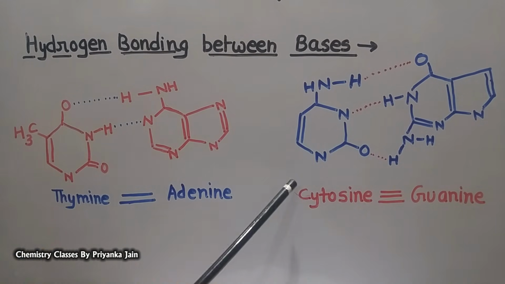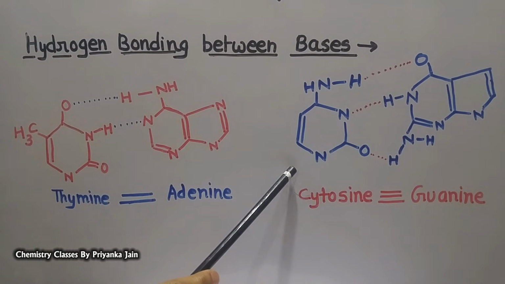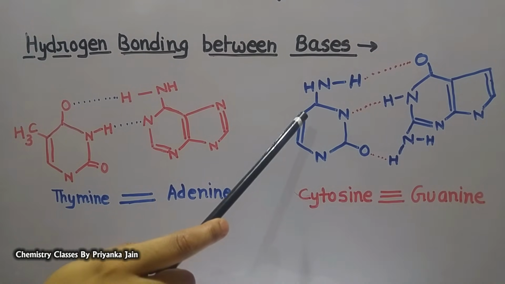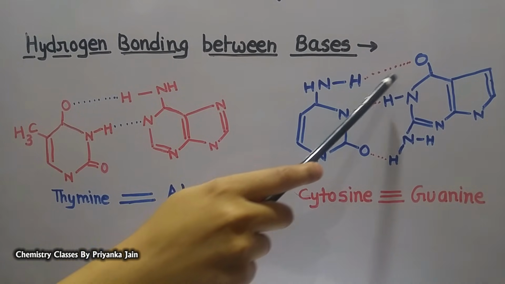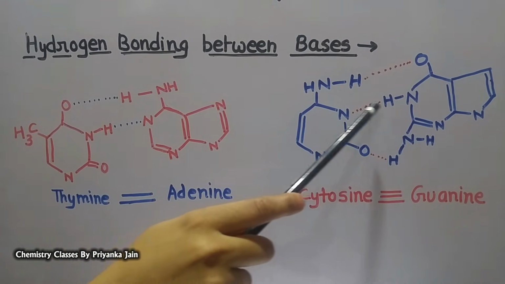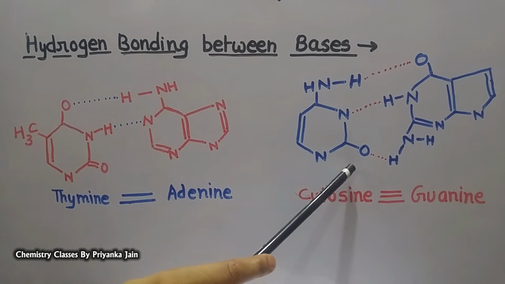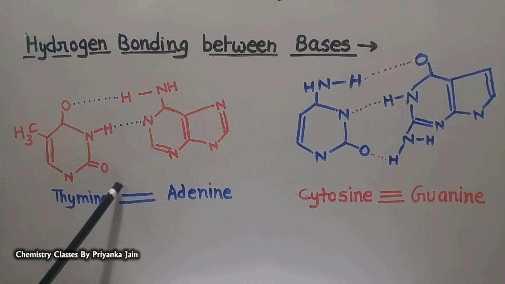Now if you see cytosine and guanine, there are three hydrogen bonds forming. One hydrogen bond is this, another this, and the third one is this. So in this case three hydrogen bonds are formed, while in this case only two hydrogen bonds are formed.